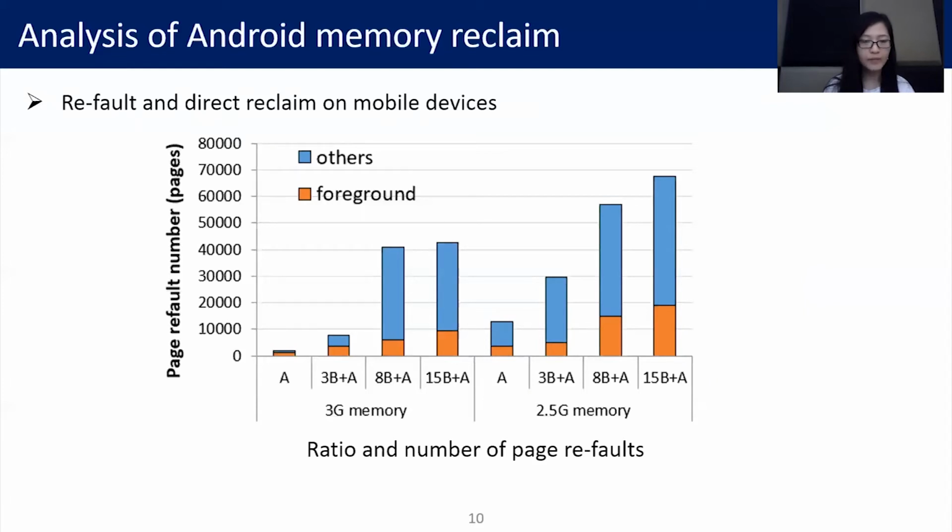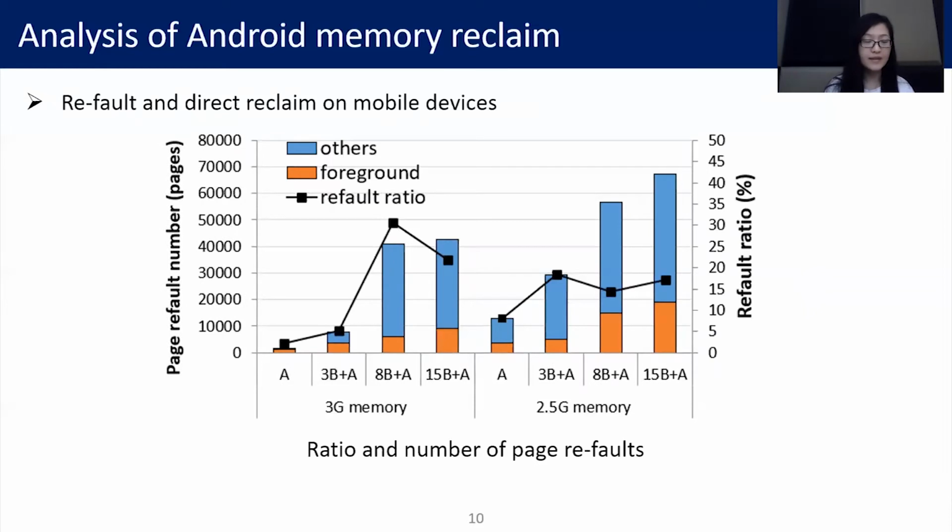Orange histogram is the number of foreground page refaults. Blue histogram is the number of page refaults that happen on background applications or system. The second y-axis is the refault ratio. The line is the total refault ratio. Refault ratio is the percentage of refaults in the total evictions.